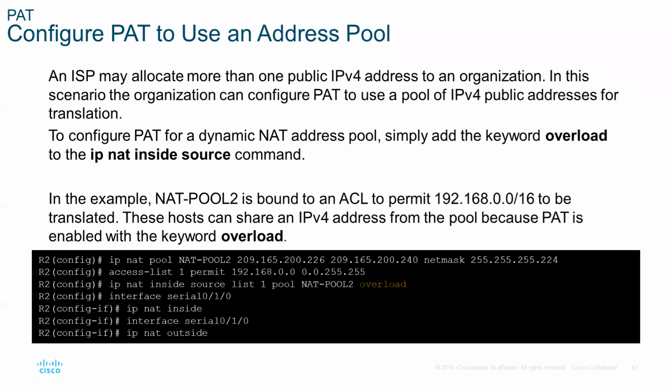That is the only difference between a one-to-one translation and a many-to-one translation. What generally happens when we have a pool is it'll rotate through all the available IP addresses and then start overloading.